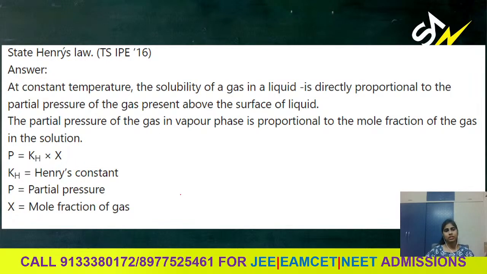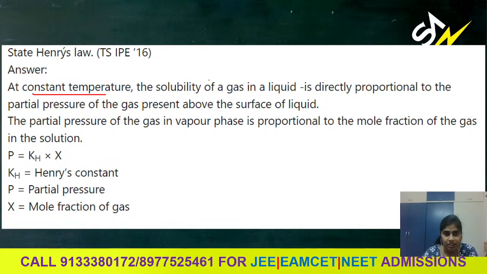And next, from solutions, you can expect a question like Henry's law. Simply state what Henry's law is, explain the formula in this law, and what the chemical terms present in this law are. So what is Henry's law?